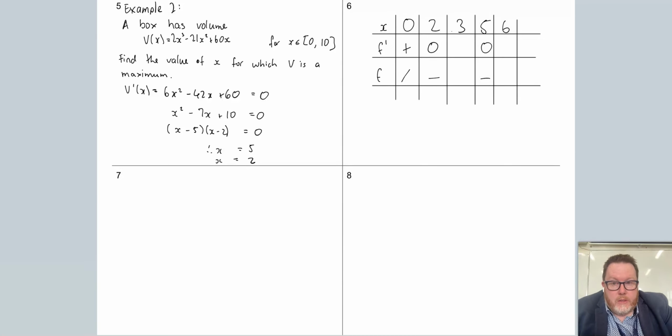So I'll have a look at 3. So I'm going to put 3 in. 6 times 3 squared is... I'm going to get my calculator out here. I think it's probably going to be easier. 6 times 3 squared.